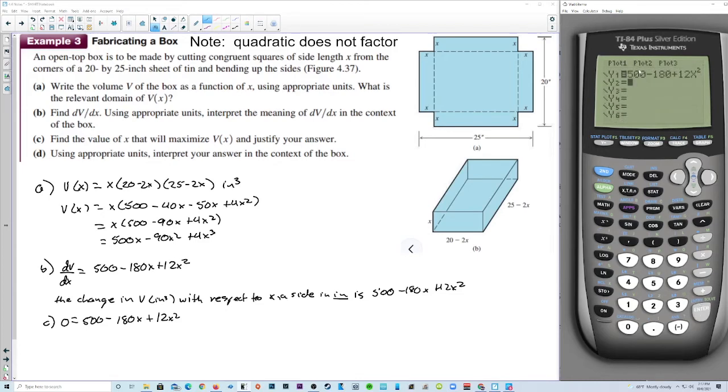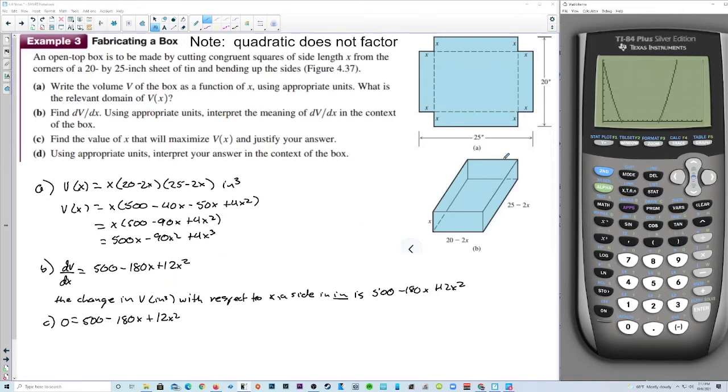I missed the x here on 180x. Insert the x, enter. So the window is certainly going to have to be, I think the x's are going to have to go out to maybe 20. Let's try 20. And then we're going to go, how about negative 10 all the way up to, let's see if 500 will do it. And we'll go by 50s. Graph. Yeah, that seems to do it.